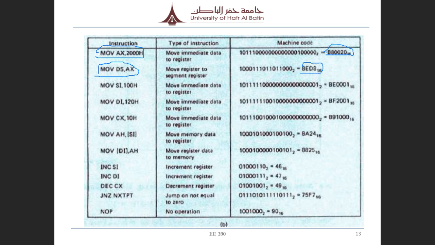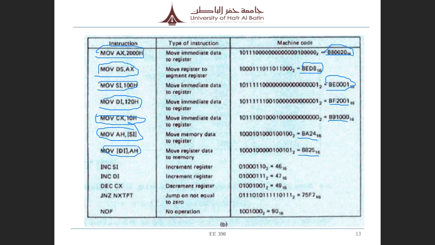And move SI comma 100h, what is the machine code for this one? This one. Or move DI comma 120h, this one. All these things we already got, and we can write them in a table like that, or as a memory file also. We can write it in any format.